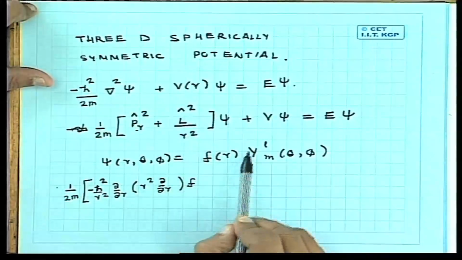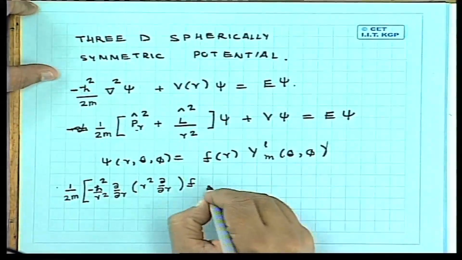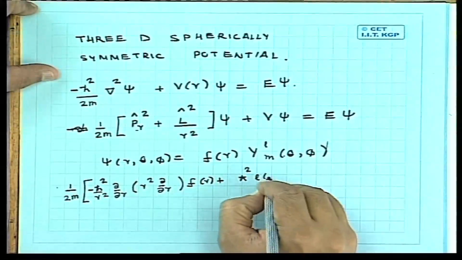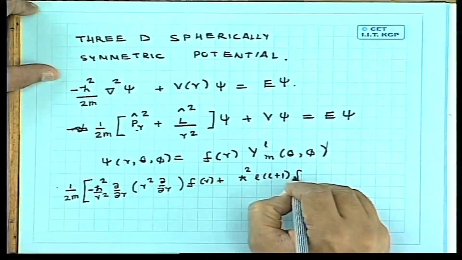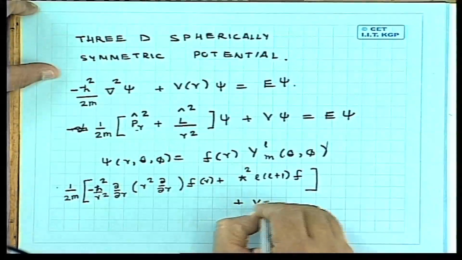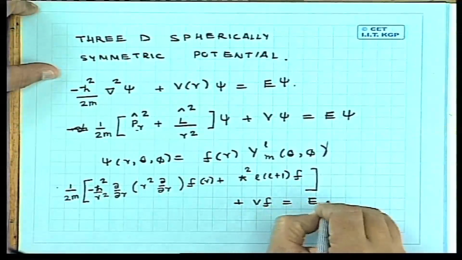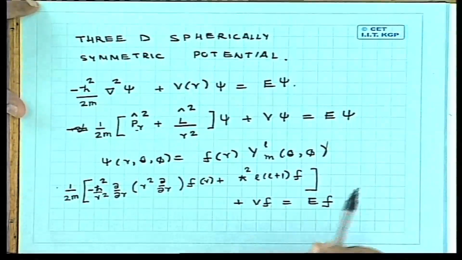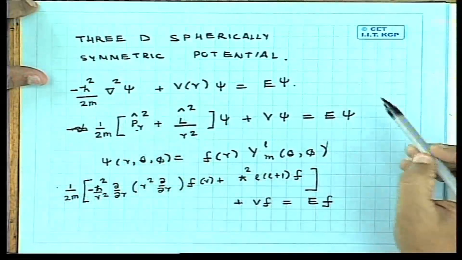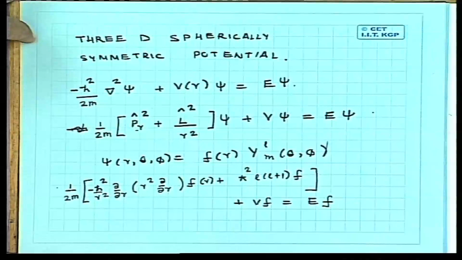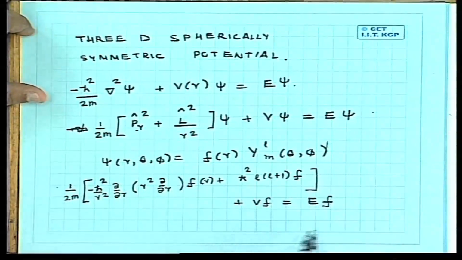L square, when it acts on this, gives us plus h cross square l into l plus 1 F. This plus VF is equal to EF. So the angular part of this Schrodinger equation has already been solved, and that can be cancelled out throughout, and we are left with this equation which governs the radial part of the Schrodinger equation.